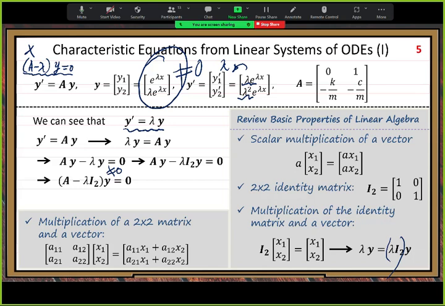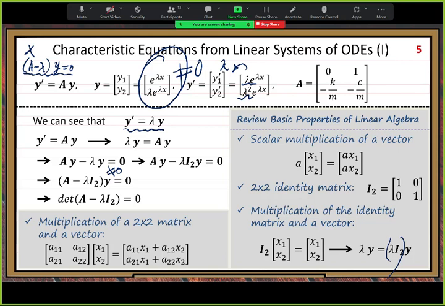Let me give the conclusion first, then in the next slide I explain why. The conclusion from this equality is similar to our Wronskian condition.